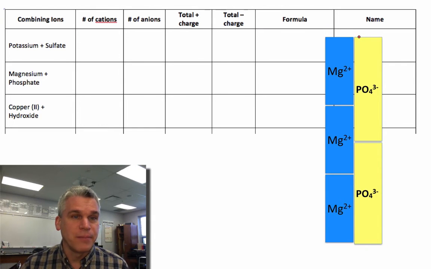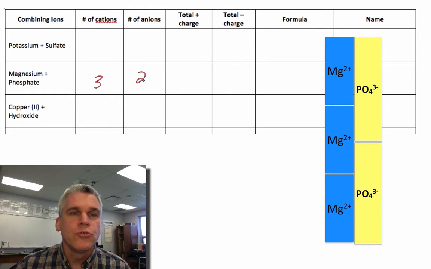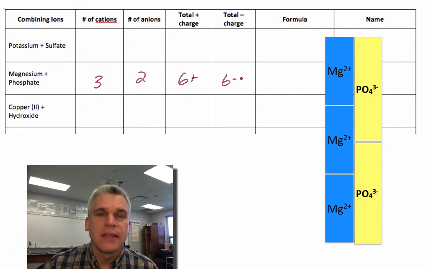Finally, they're the same. So let's write this down. The number of cations, we have 1, 2, 3 cations, 2 anions. My total positive charge is 2 plus, 4 plus, 6 plus, and my negative charge is 3 negative, plus another 3 negative, that's a 6 negative.